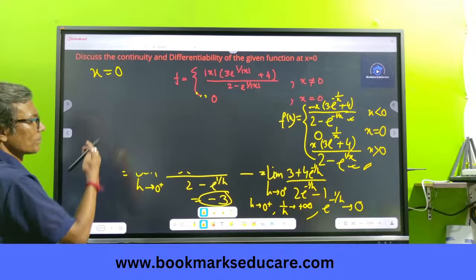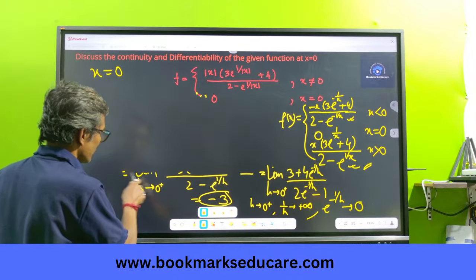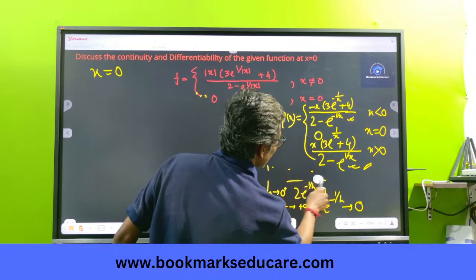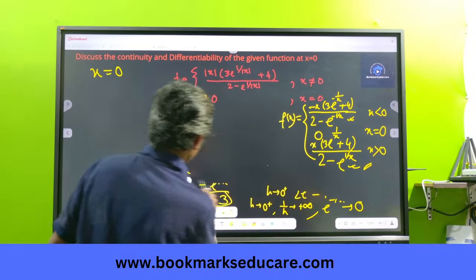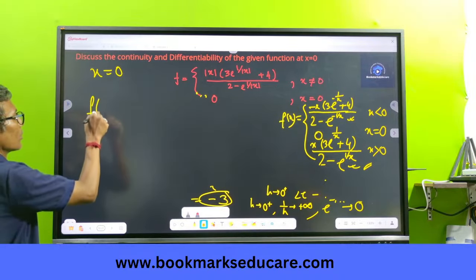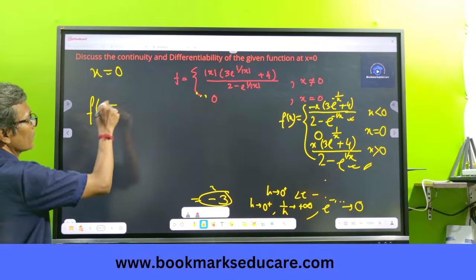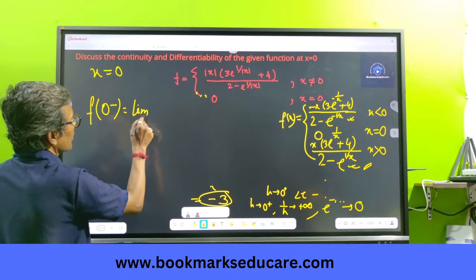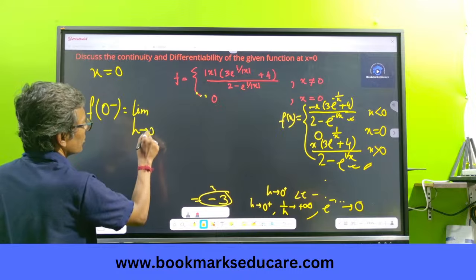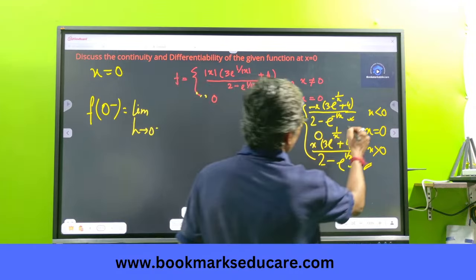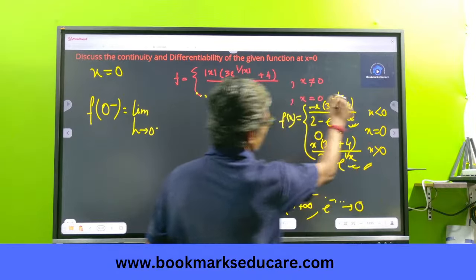So 0 minus, so limit h tends to 0 minus. In this case, we have to take this function.